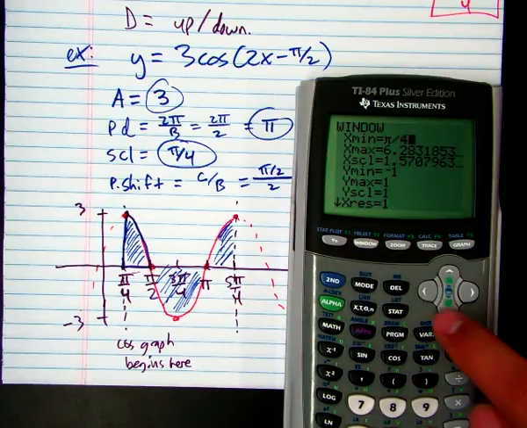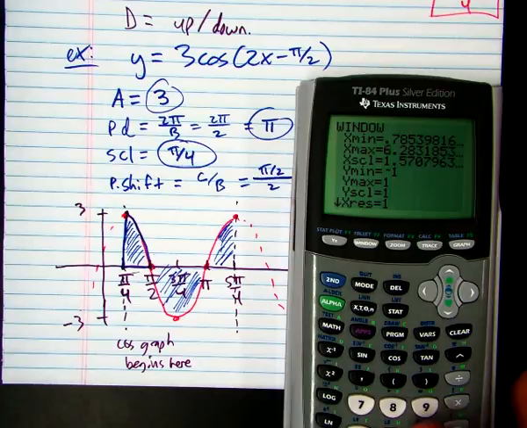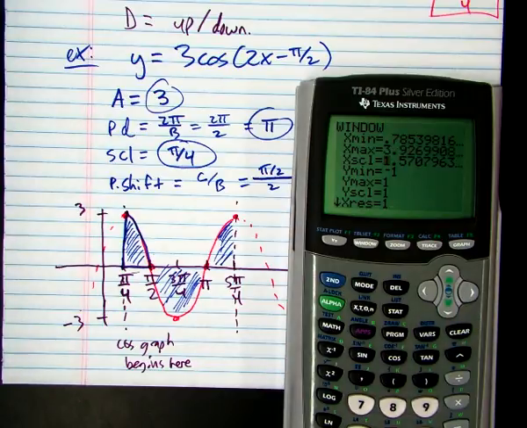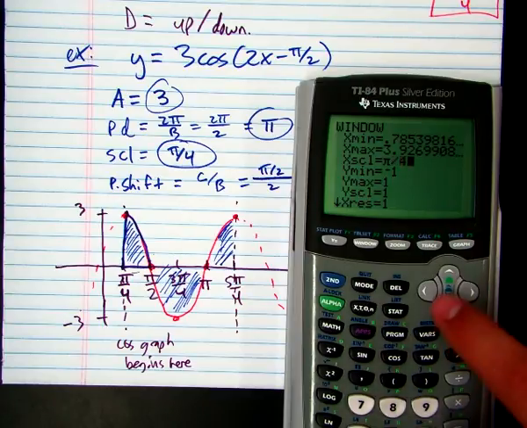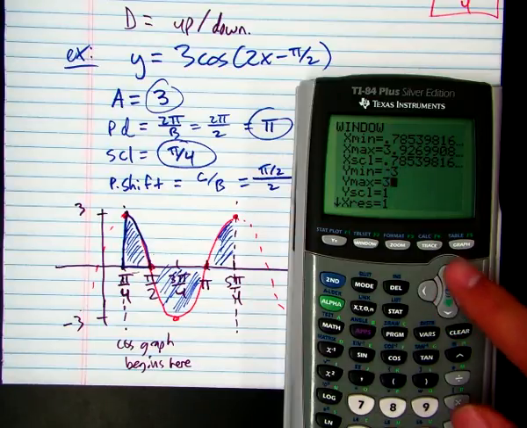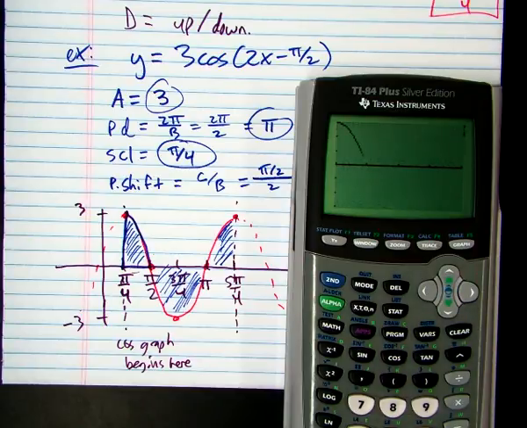And the highest one? 5 pi over 4. Good. What scale did I use here? Pi over 4. And my low and high values for y should be -3 and 3. And if we've done everything correct, our pictures should be identical.